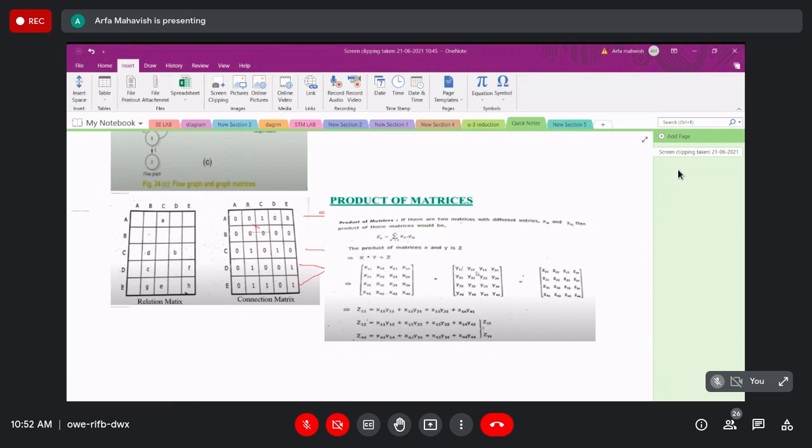Here we represent it as row with column: z11 = x11 y11 plus x12 y21 plus x13 y31 plus x14 y41. So we are multiplying these.